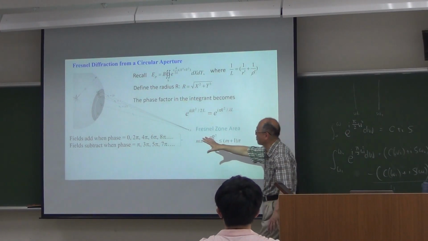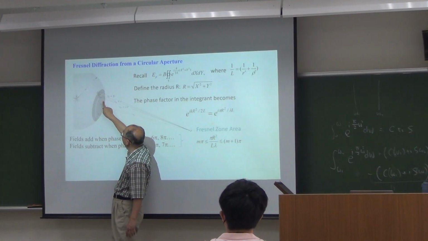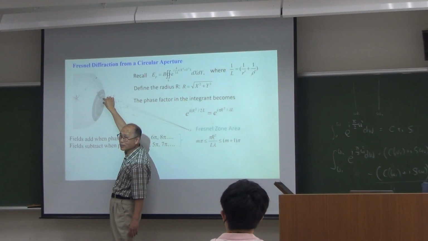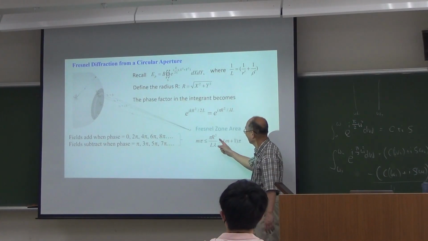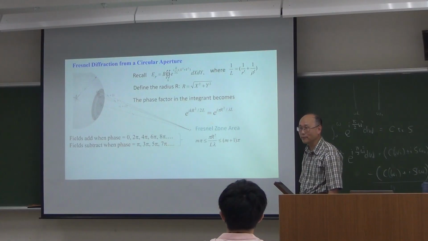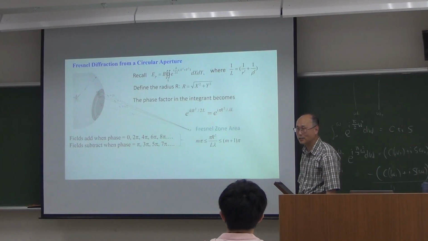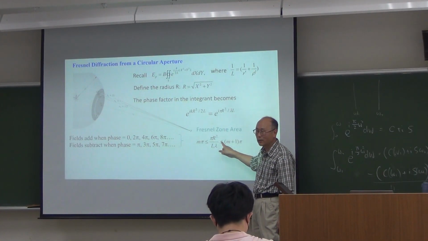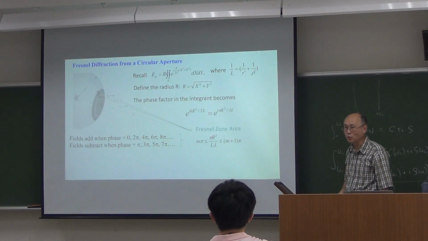Within this zone, if you do a phase comparison between this point and this point, the radiation phase is less than pi. Within this R, you can define a zone where the radiation phase change is less than pi, and depends on R, you can include a number of zones.